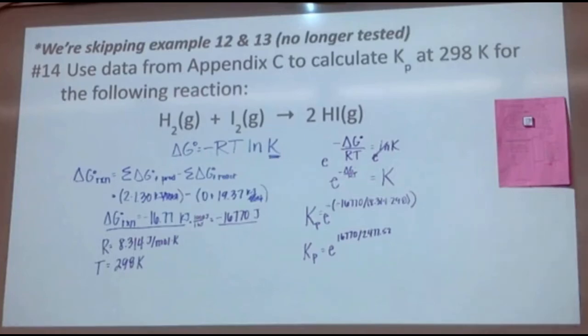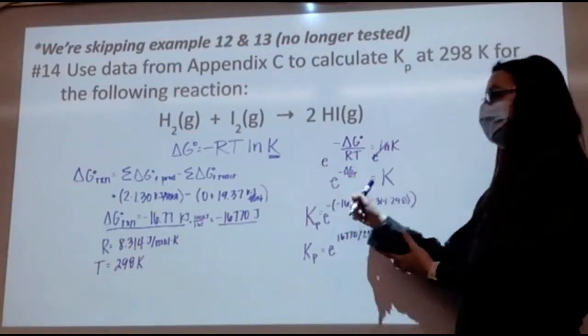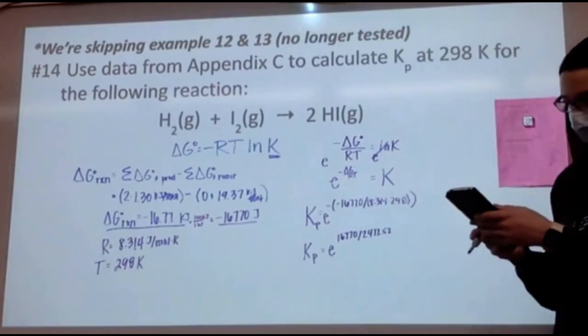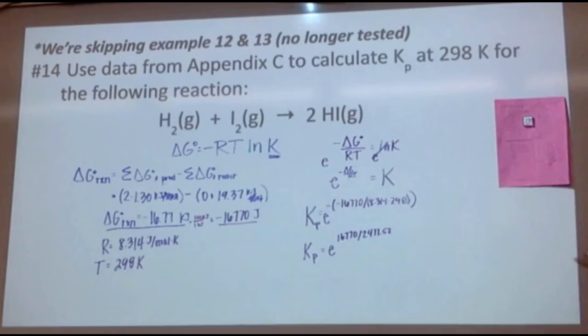Now, could you do it all at once in your calculator? Sure, you just have to be careful. So I can do 16,770 divided by this answer, and I can do E to that value. Remember, E is second ln in your calculator.